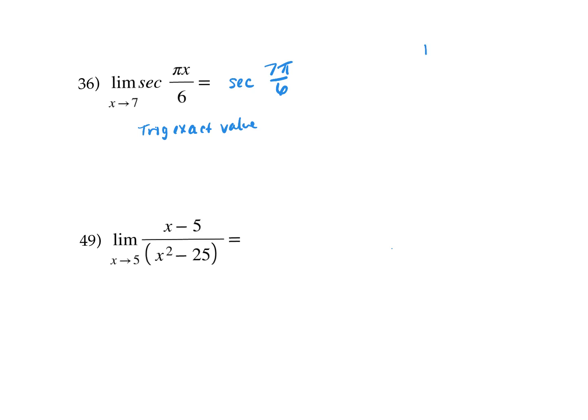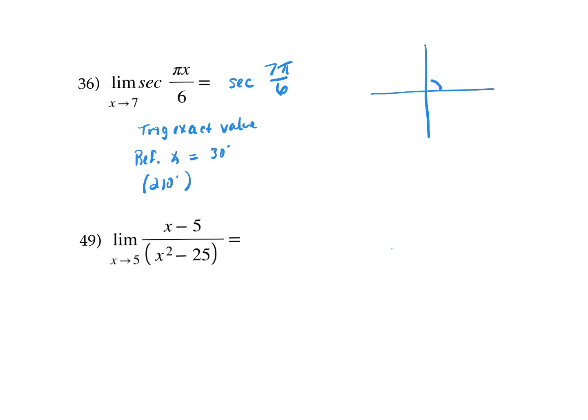All right, so we're going to go to our coordinate plane graph. 7 pi over 6 obviously is a multiple of pi over 6, or 30 degrees. So our reference angle is equal to 30 degrees, and 7 pi over 6 is 210 degrees, because it's 7 times 30.